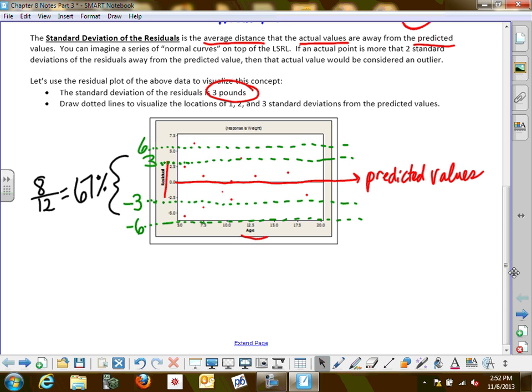All but 1 are contained, so that's 11 out of 12. What percent of data would I expect to fall in there? 95%. Actually it's 92%, so I'm pretty close to 95. Yay, that worked out well.